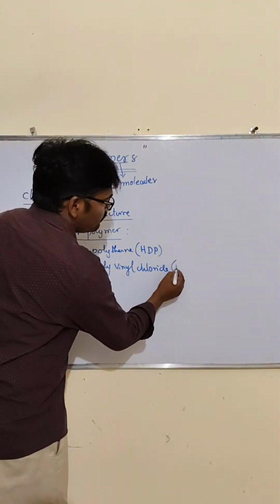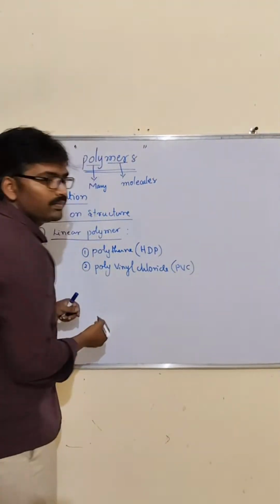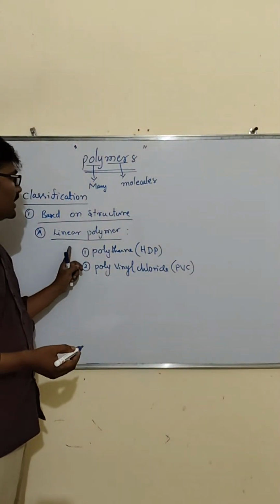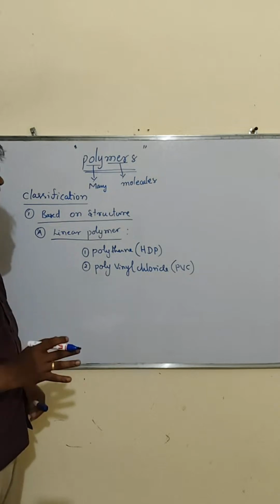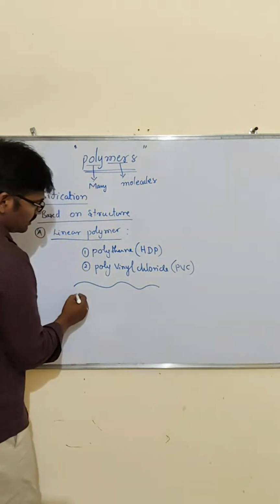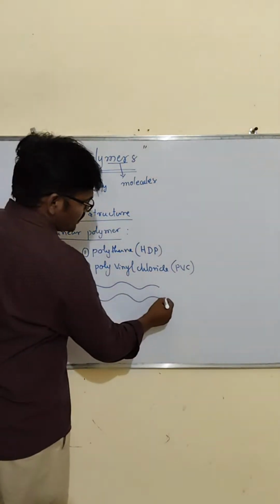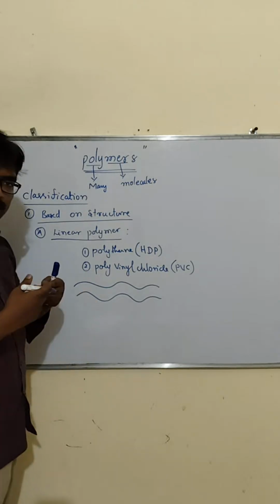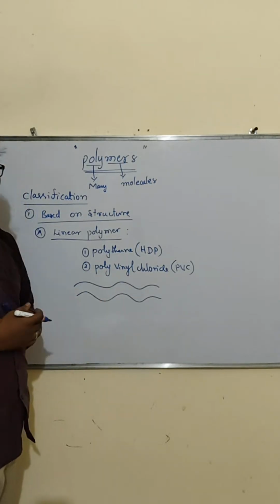We call it as a PVC, polyvinyl chloride. High density polythene, polyvinyl chloride, both are example for the linear polymers. Actual structure of this is, it will be present in the linear, so there is no branches in it. So all molecules are held together, each and every one, then it will form a linear.